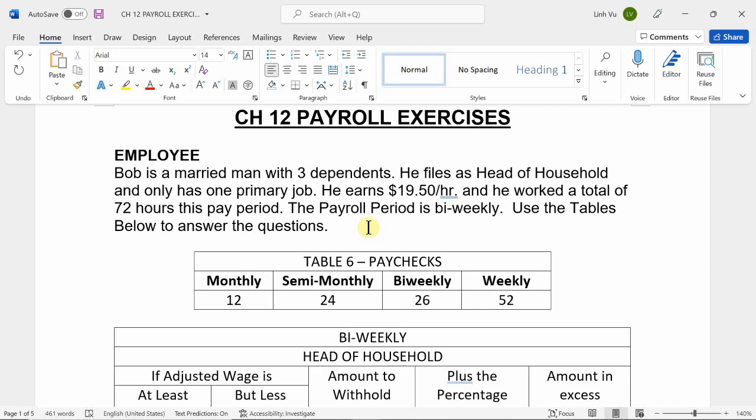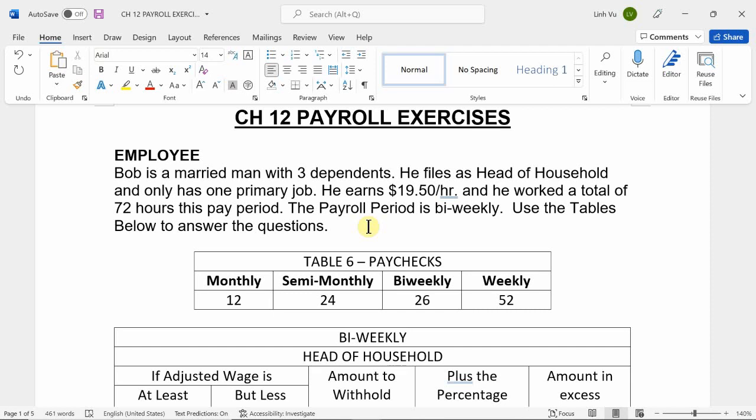Monthly, weekly. Oh, weekly, 52. Is he on a weekly payroll period? How often is he getting paid? Every week. Where does it say he's going to get paid every week? What does it say here?